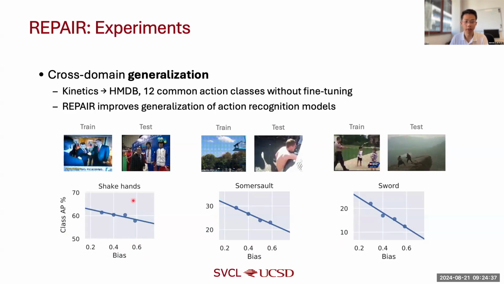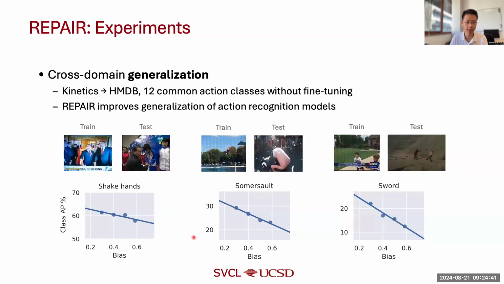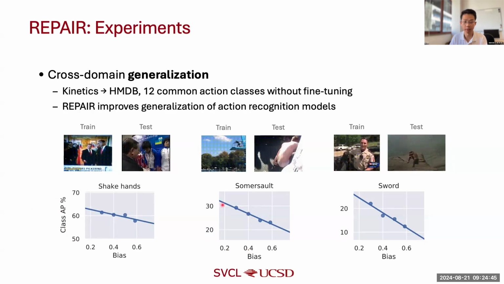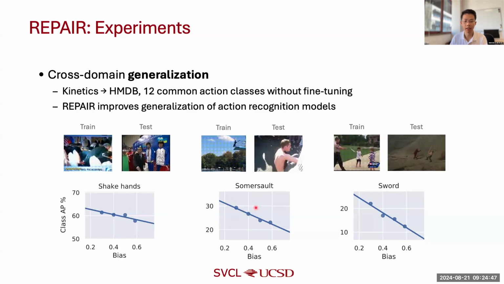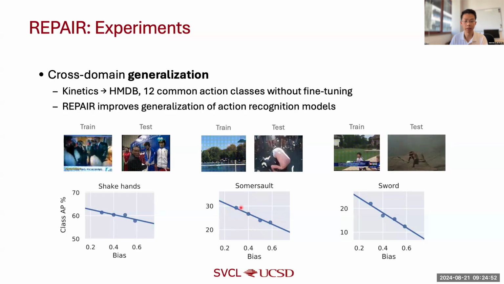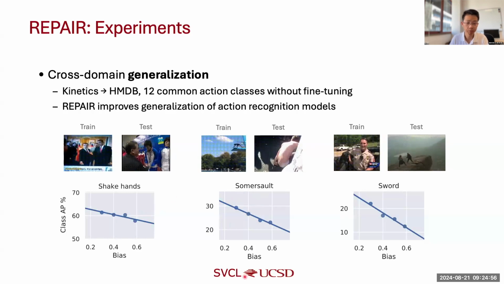You can see a clear negative correlation between the generalization on the y-axis and bias on the x-axis, which means that the repaired versions of the datasets, which have lower bias, can actually improve the generalization of video classifiers when trained on them.